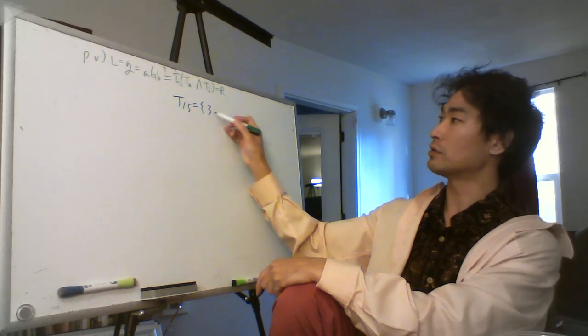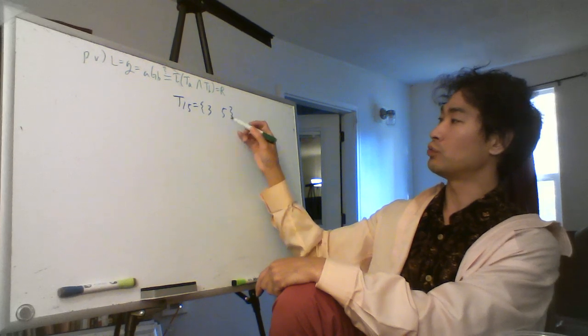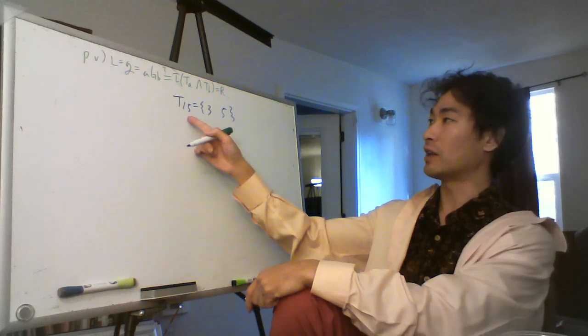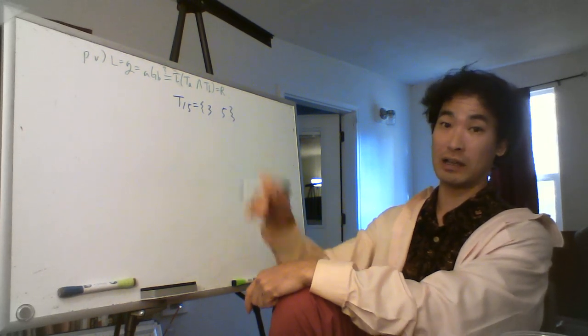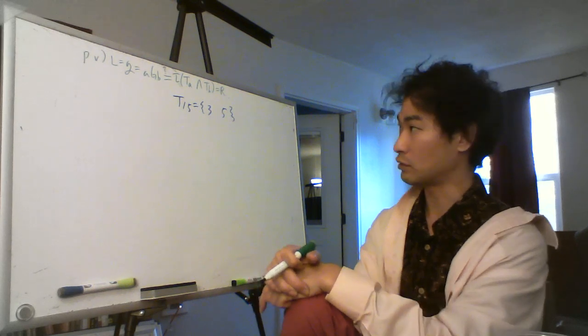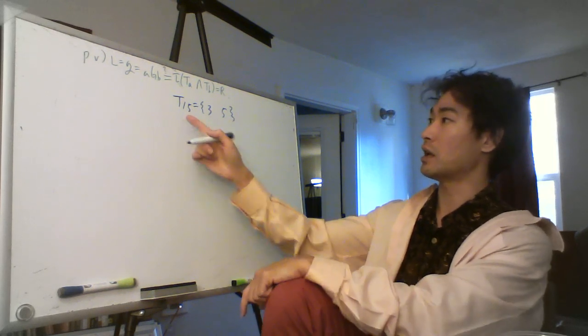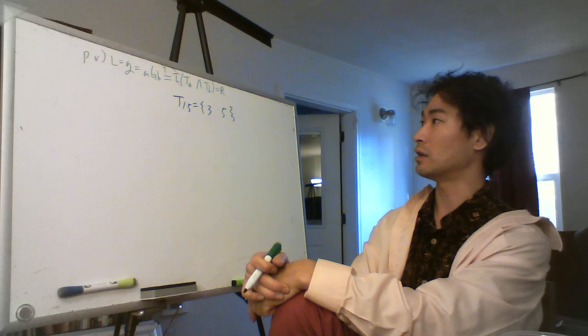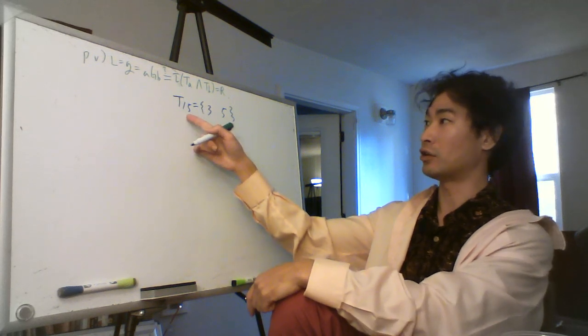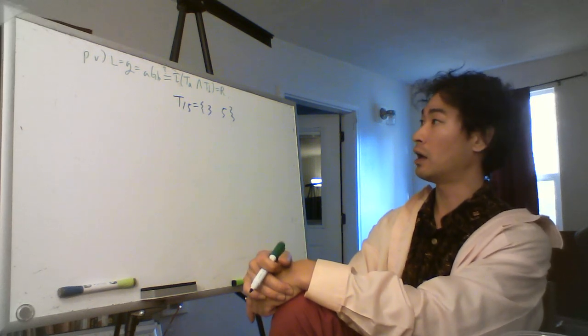Prime factorization, 3 and 5. Because we exclude 1 and 15, because they are not very interesting. We just exclude that. So that's our T set, the prime factorization set, excluding 1 and the number itself.